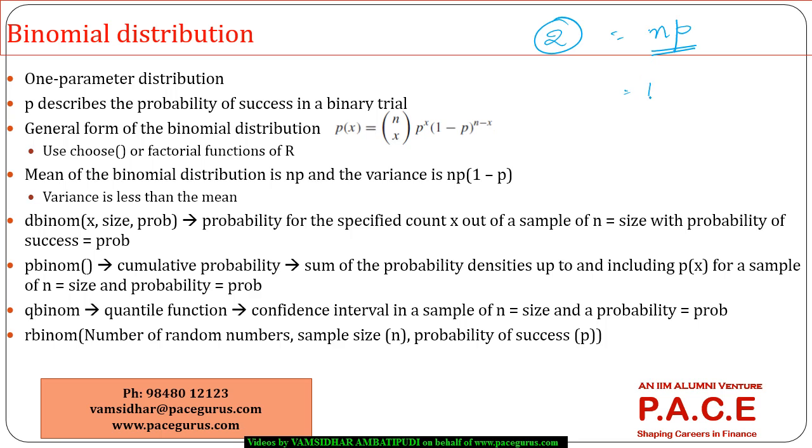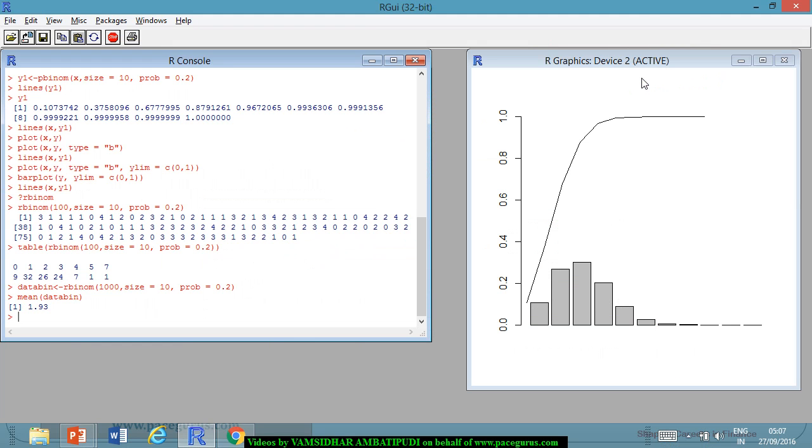NP is nothing but number of trials that are performed in the experiment multiplied by 0.2, which is the probability of success. So I should get the mean as 2. When I am doing the simulation, I am getting it very close to 2. These two are not different. So which means this data is more or less following a binomial distribution. Of course, we have generated it from a binomial distribution itself. Then let me do the variance of data bin.